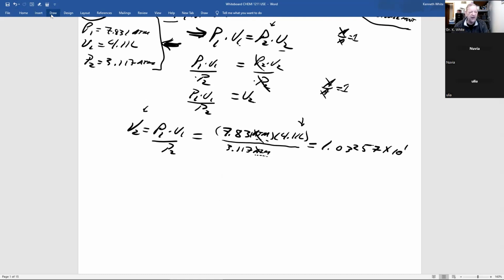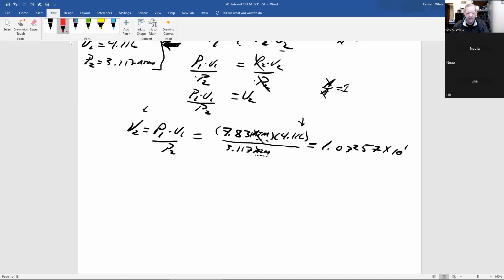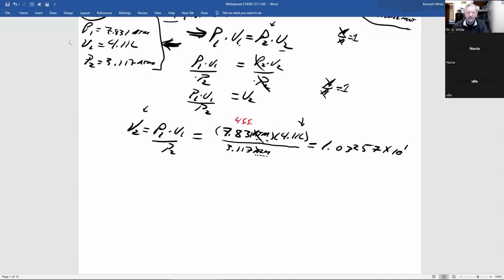When you have multiplication and division, you have the same number of significant figures in your answer as the number with the lowest significant figures that you multiply and divide by. This has 4 significant figures. 3, all non-zero numbers are significant. And this has 4 significant figures.